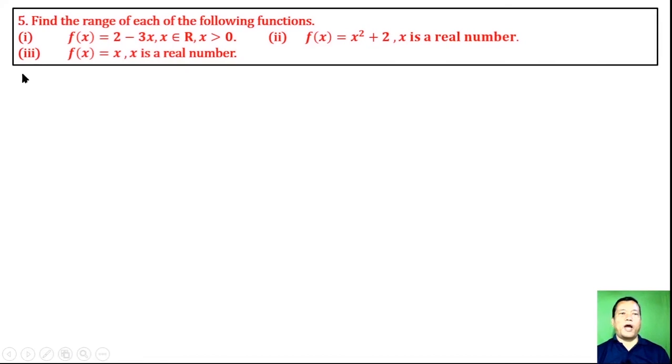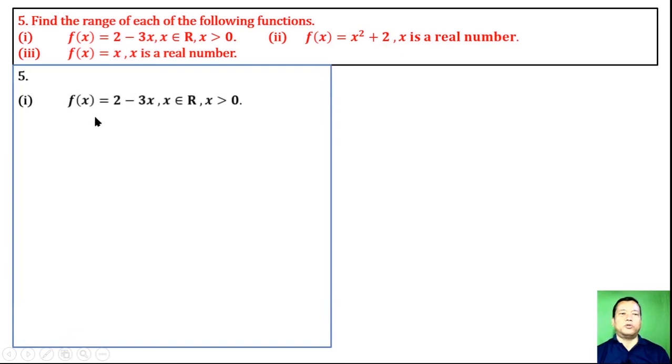For question number 5, find the range of each of the following functions. Roman number 1, f of x is equal to 2 minus 2x, x belongs to R, x should be positive. We have to find the range. Let y equal to f of x. Then the function becomes y equal to 2 minus 2x. Solve x in terms of y. We get this. You can take any real value of y, but x must always be positive.